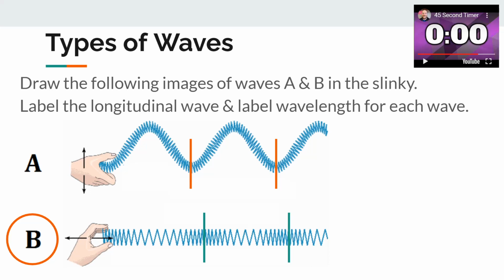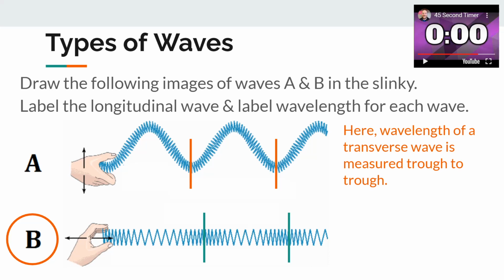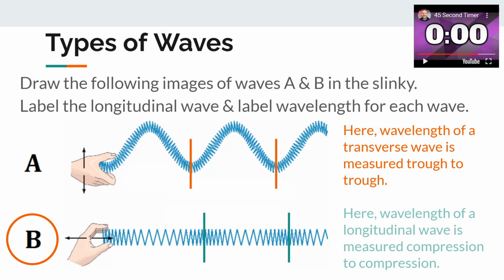But because the compressions are so much easier to see, it's an easier point to measure from. That would be your wavelength for this longitudinal wave, from this compression to this compression, or pick any two subsequent compressions or rarefactions, and you can measure that. So again, my wavelength of my transverse wave I measured from trough to trough. The wavelength of my longitudinal wave I measured from compression to compression.